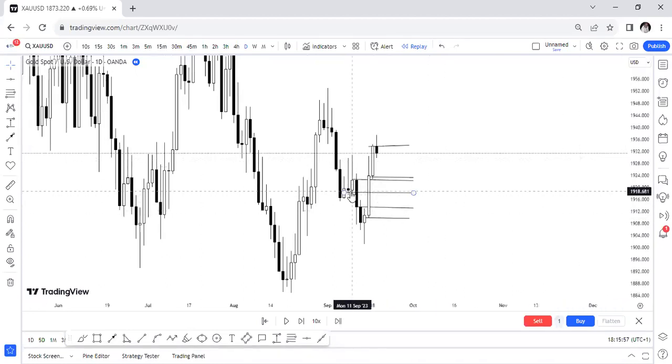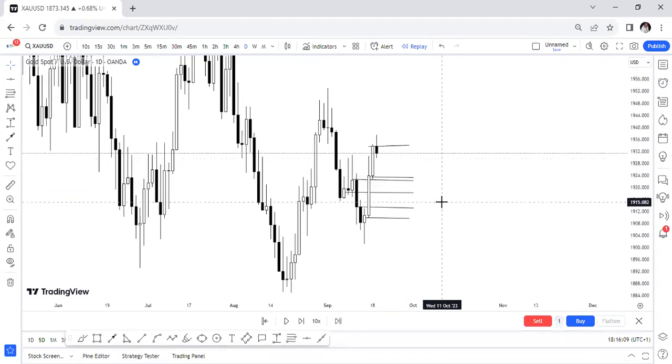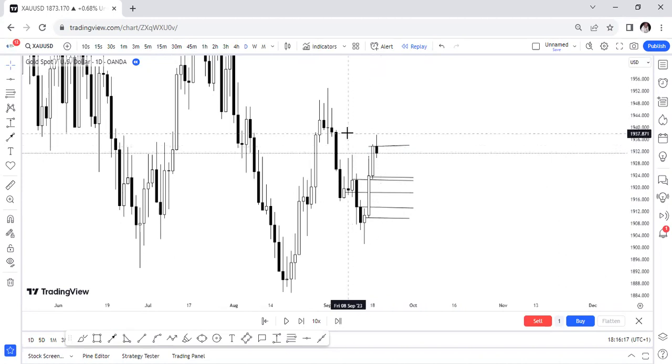So once you map them out like this, you know that at each level of this place, you are going to see a reaction. So you know how to time your trade. The setup now is that the price is going to tap into this place for you to come down to sell, because this place has tapped into this place in the past.